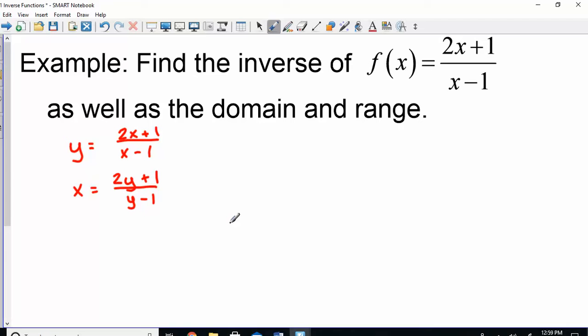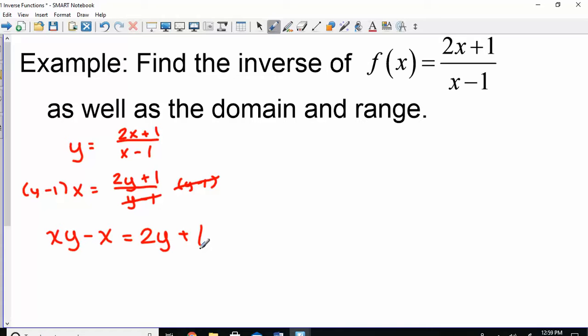Now we have to solve for y. First, if I want to get rid of the fraction, we can multiply by y minus 1. If I distribute, that gives me xy minus x equals 2y plus 1.